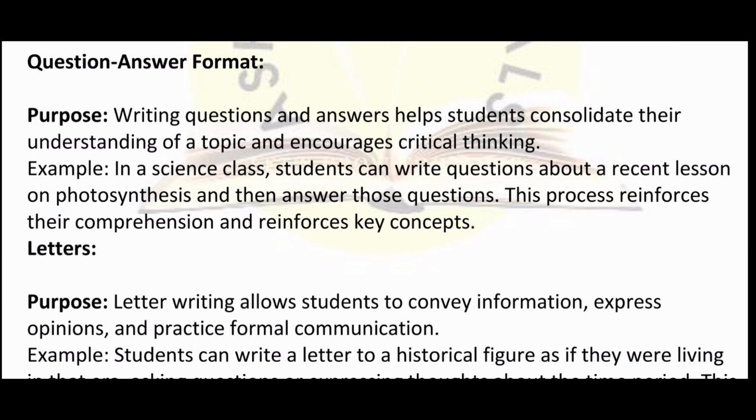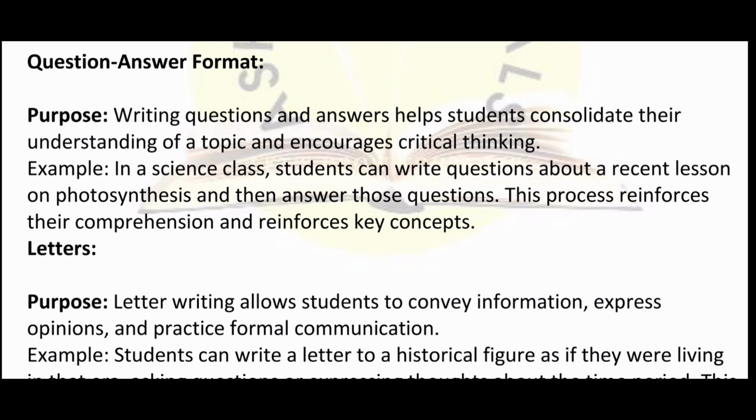Suppose you teach the children a topic in your class. Suppose you have taught them about the states of matter today. After teaching this lesson, you can ask the children to formulate some questions from whatever they have learned. The students can formulate questions like: what is matter? Which matter has a definite shape, size and volume? Does liquid have a definite shape?